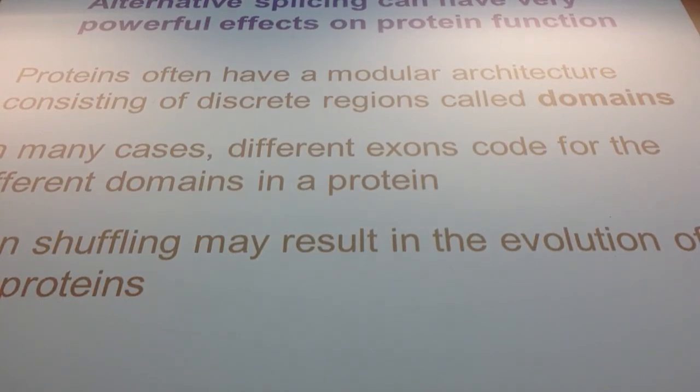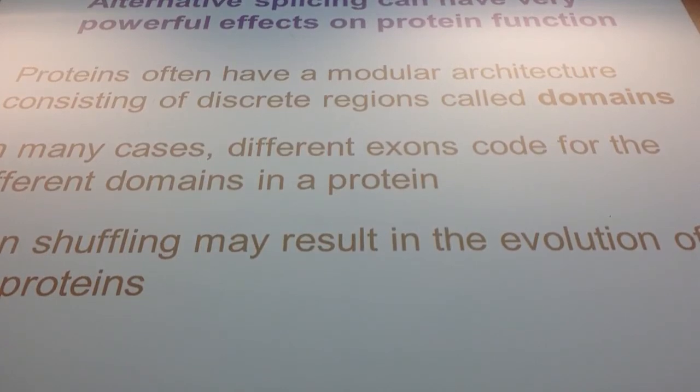And the different rooms have different functions, right? So each room is analogous to a domain. Okay? And some rooms are bigger than others. Therefore, some domains are bigger than others. Could be bigger because each exon is bigger, or bigger because you have more than one exon that contributes to the formation of that domain.